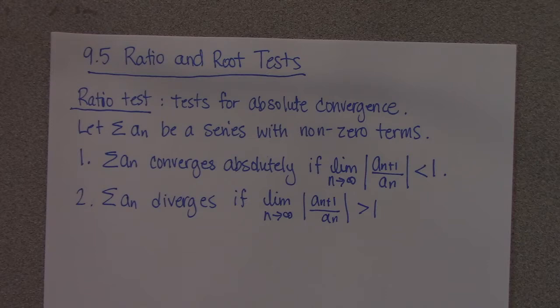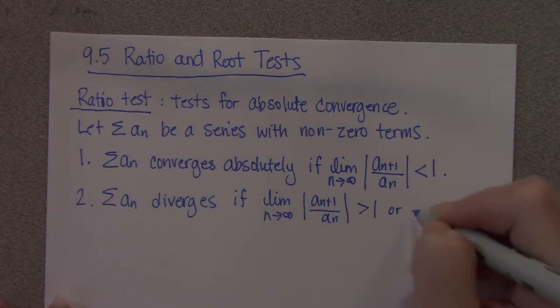So if you get a number larger than 1, it's clearly going to diverge. So this test is very useful because you can test for convergence and divergence and you get an answer when you're done. That's also what I love about the limit comparison test. If you perform it correctly, you're done because you know whether it converges or diverges.